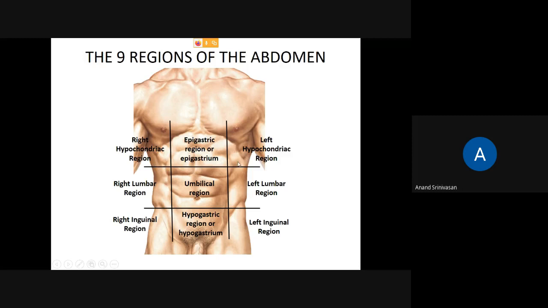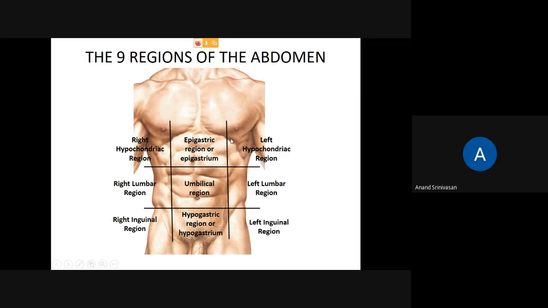Now in the right hypochondriac region, what organs can you find? Liver and gallbladder. So a person coming with right hypochondriac pain, it could be because of the liver or because of the gallbladder.